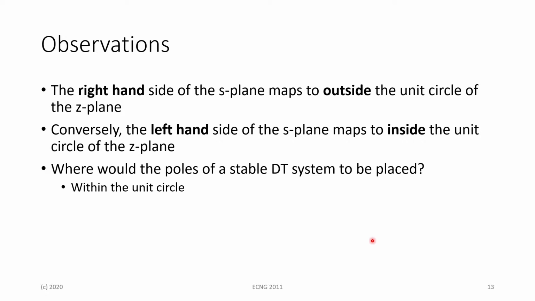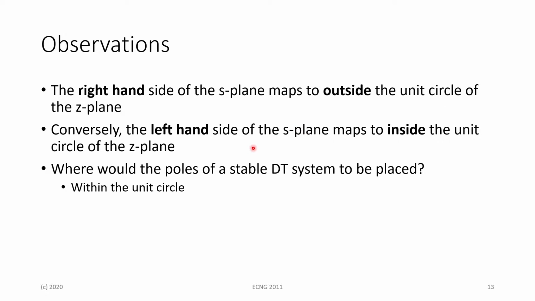So for any stable discrete time system, the poles must lie within the unit circle. Just to recap our mapping, the right hand side of the S-plane is going to be the outside of the unit circle in the Z-plane.